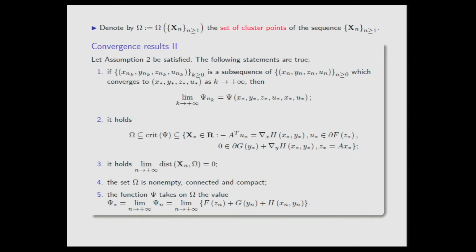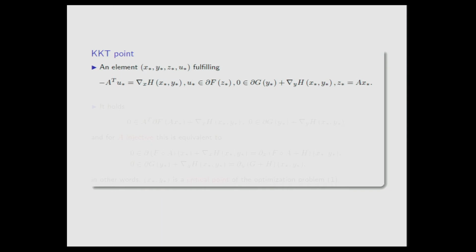But without the linear term, and you can find this in some other papers, you are not solving the initial problem. You don't get this relation. And what we know is that the function psi takes this value on the set of cluster points. Now what is this set? This set is the set of KKT points.